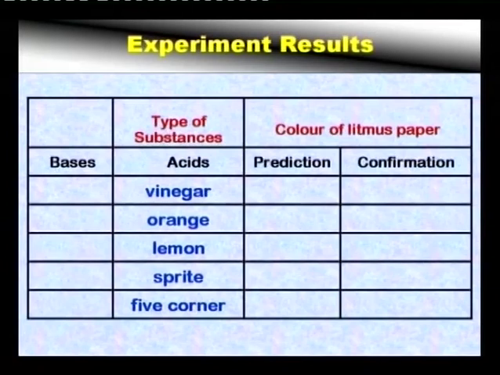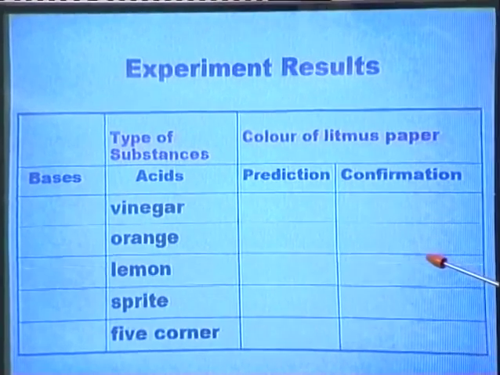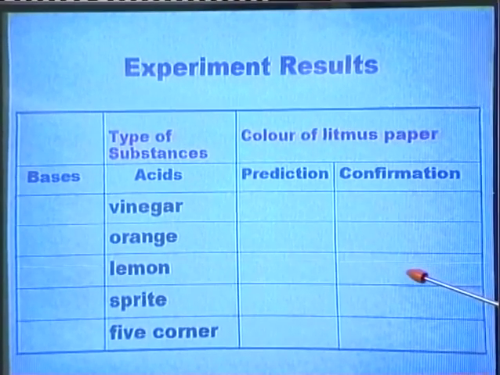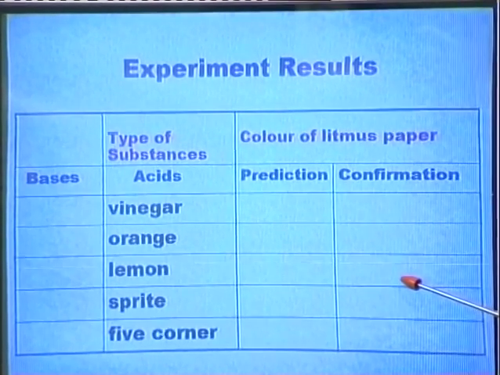Acids, they are dilute acids. And color of litmus paper. You will make your prediction. Then after you have done the experiment, you do your confirmation, the color that it shows once you do the experiment. So you should have a table like this, class and receiving students with your teachers. If you don't have this table, I'd like you to have that drawn quickly in your workbooks.